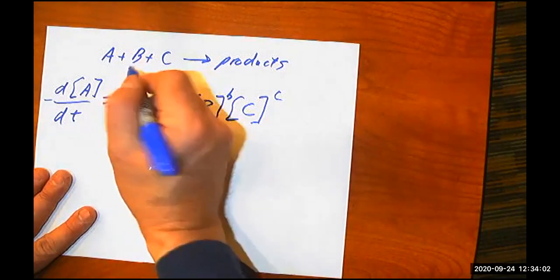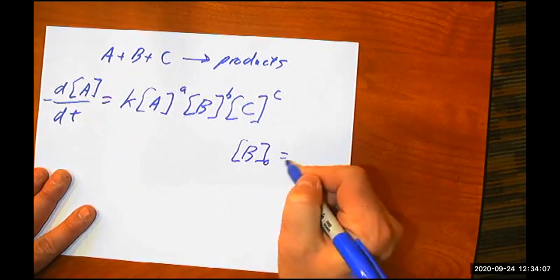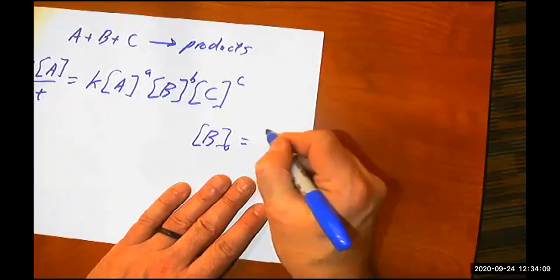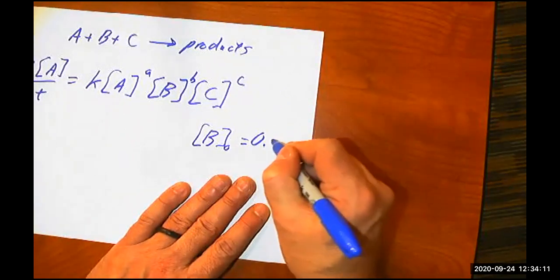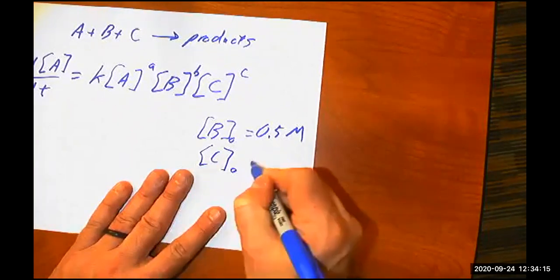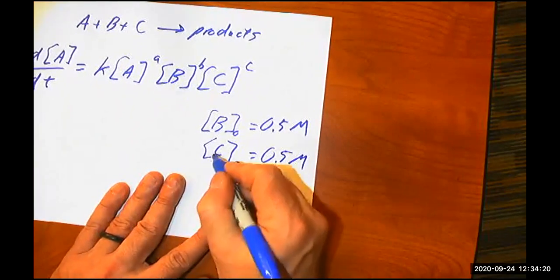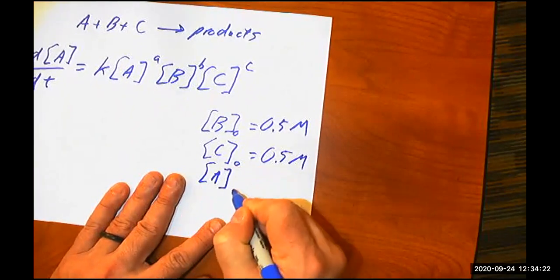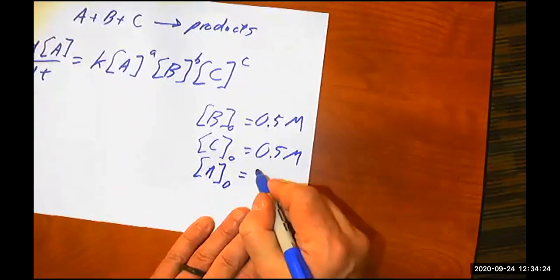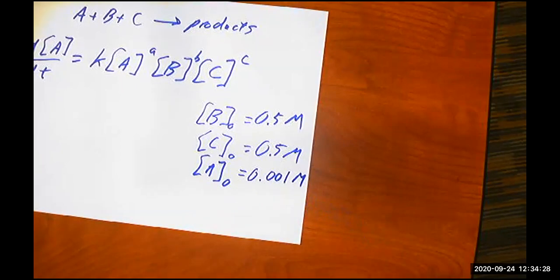So if we take initial concentration of B to be something like, let's say, 0.5 molar, concentration of C to be 0.5 molar, and then we'll make the initial concentration of A something very small. So 0.001 molar, something like that.